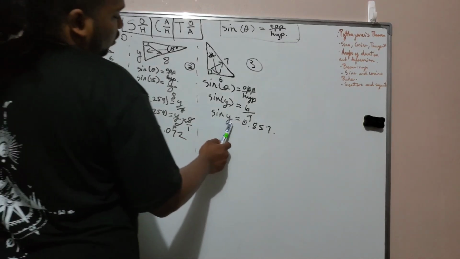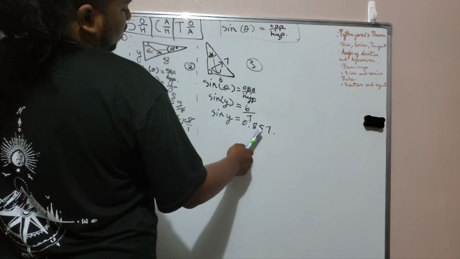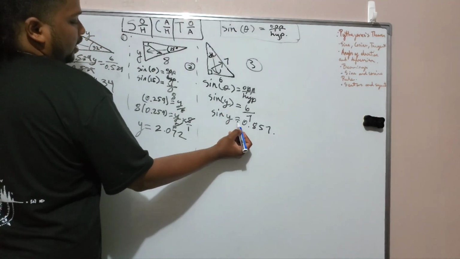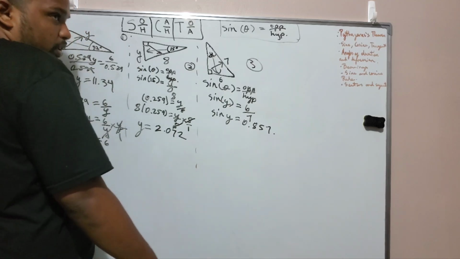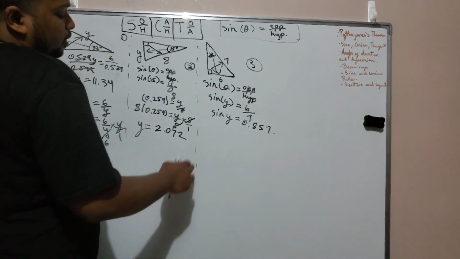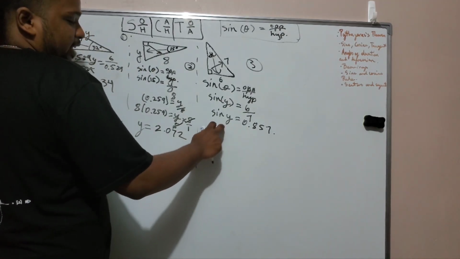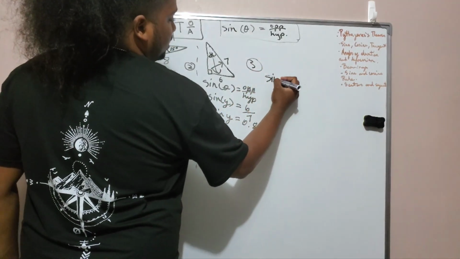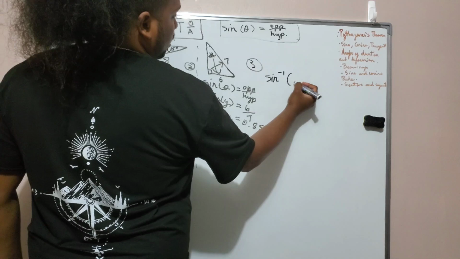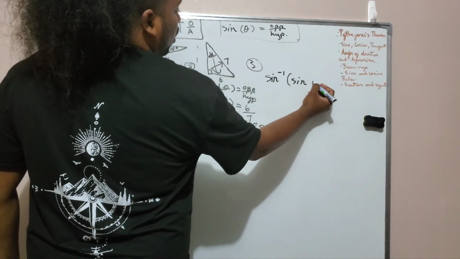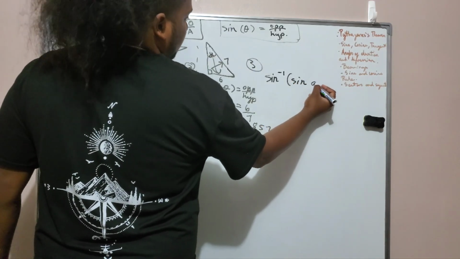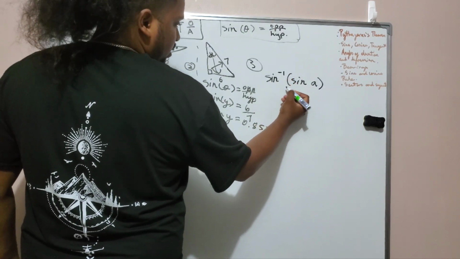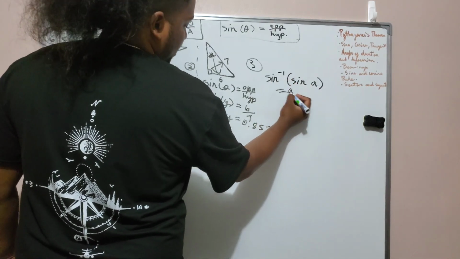So we have sine of y is equal to 0.857. To get rid of the sine here, we have to take the sine inverse of this side and this side. When you have sine inverse of sine of anything, say a, the sine inverse and the sine cancel, so it will just be equal to a.